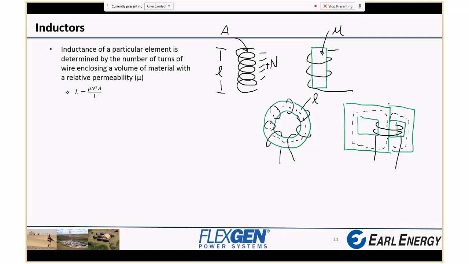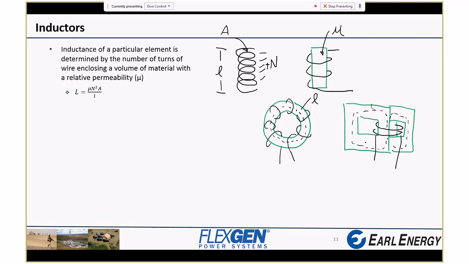But I just want you to be aware that it happens, and the same sort of things affect the outcome of the inductance. The permeability of the core is still important. The number of turns is still important to that square power. The cross-sectional area of each of these sections of legs is important, and how long the magnetic path length is.